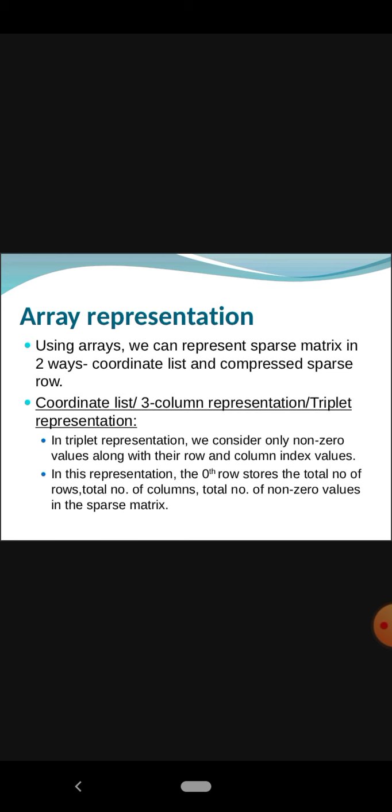In this representation, the 0th row stores the total number of rows, the total number of columns and the total number of non-zero values in the sparse matrix. Let's see an example. Consider a 4 by 3 matrix containing only 4 non-zero values, and this matrix can be represented as on the right side.